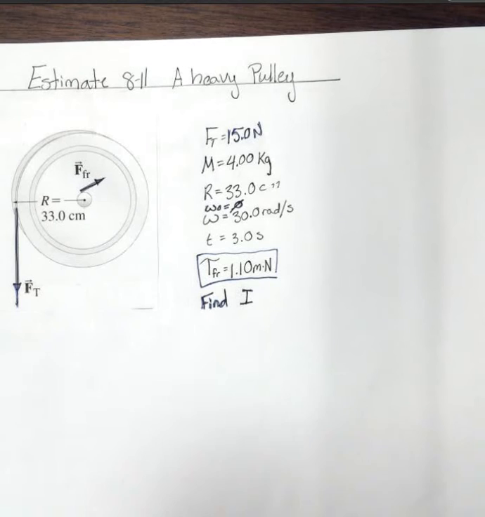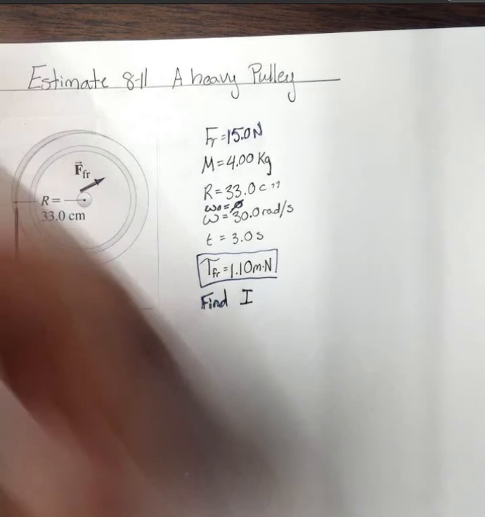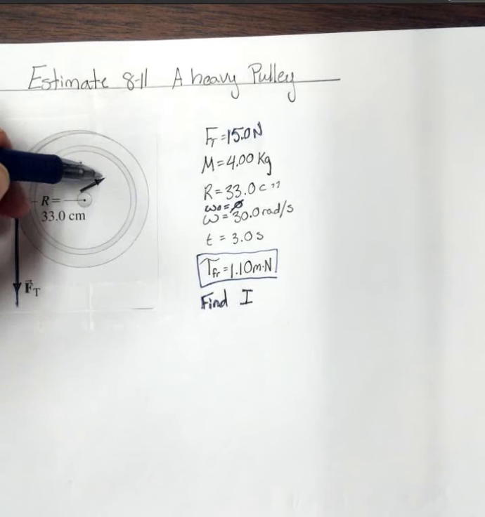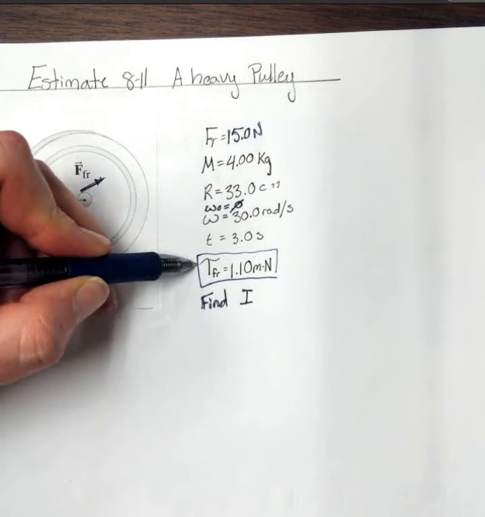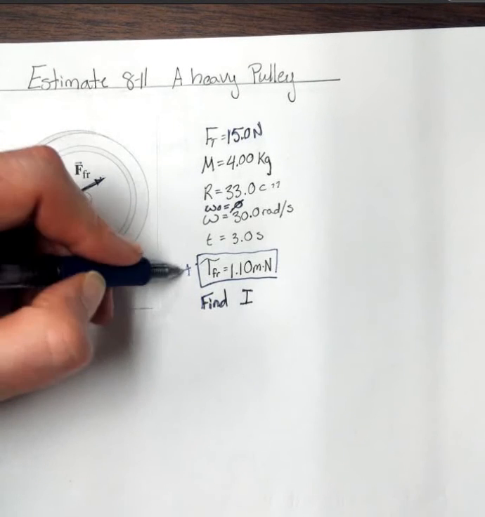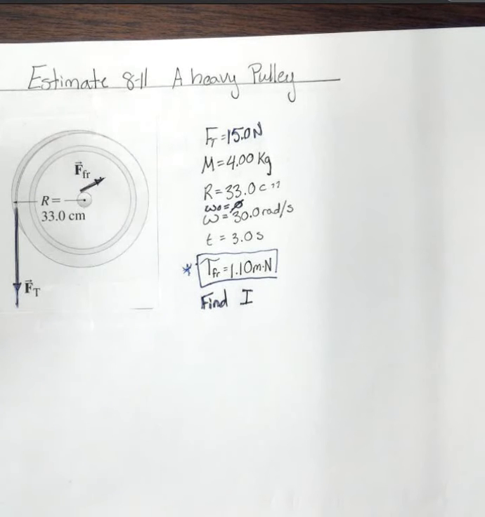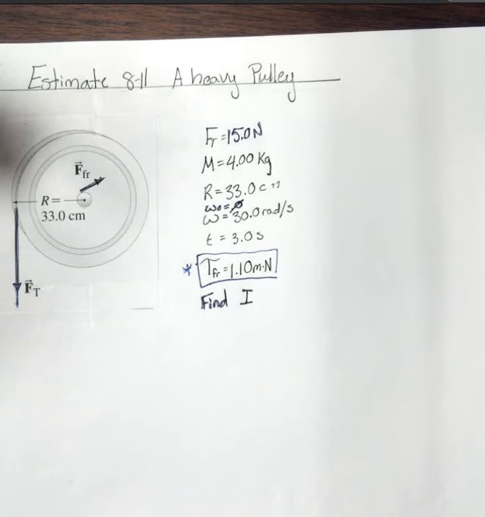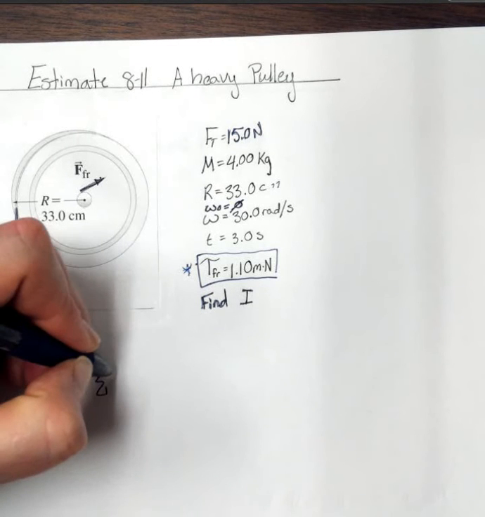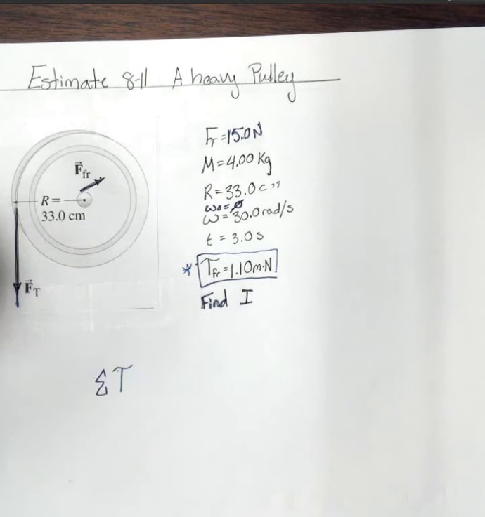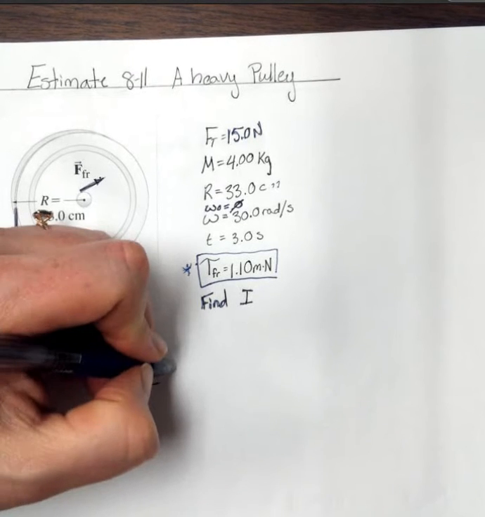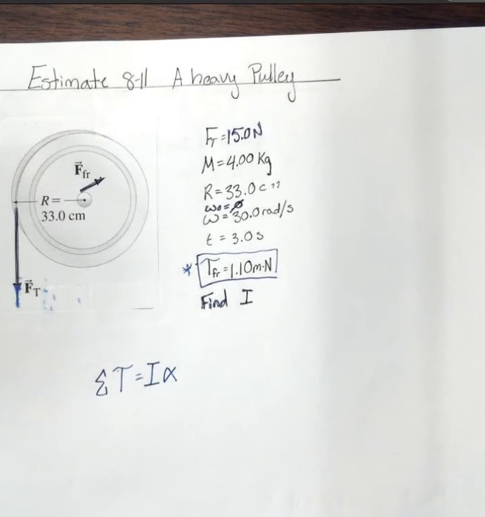The first thing I want to look at is this is where the force of tension is acting, this is the force of friction acting, and it gives us this torque value. This is the radius of the cylinder, and it has mass m. I know that the net torque is given by the moment of inertia times the angular acceleration.